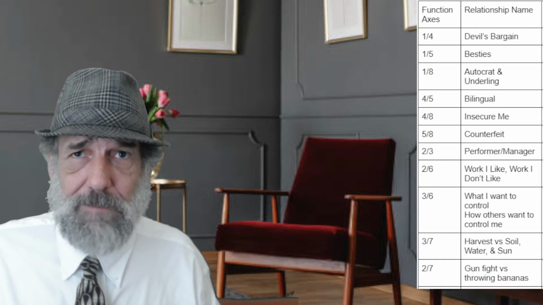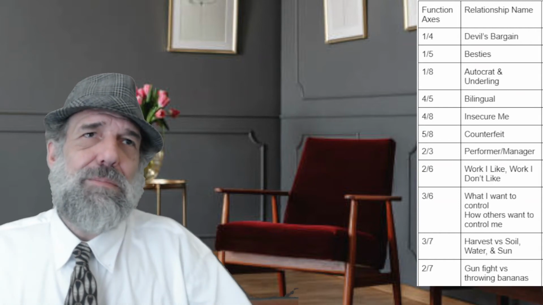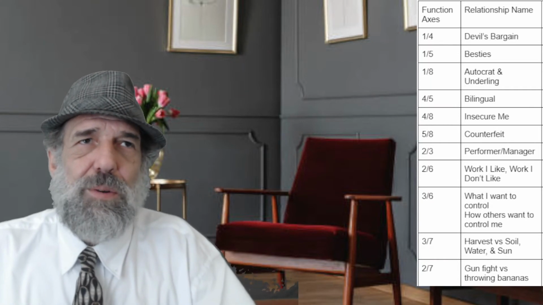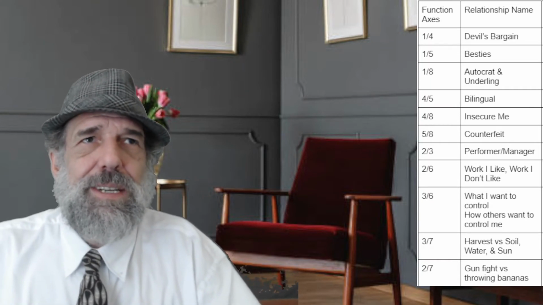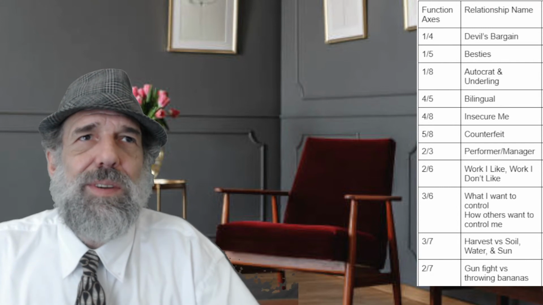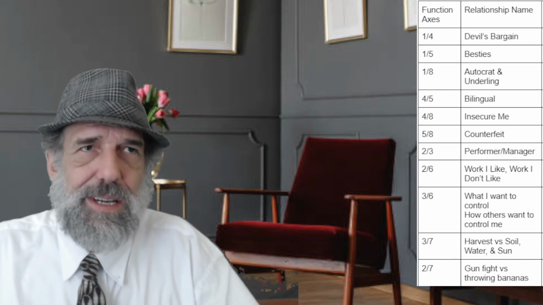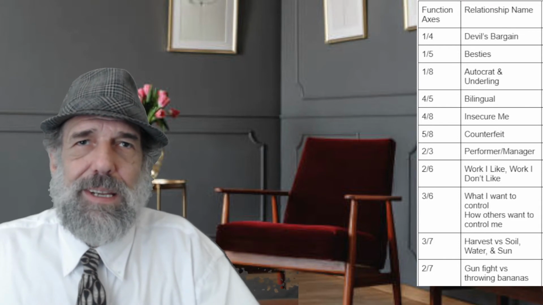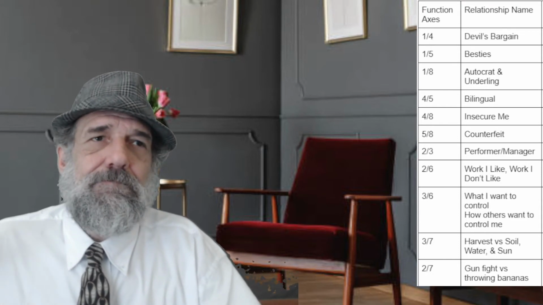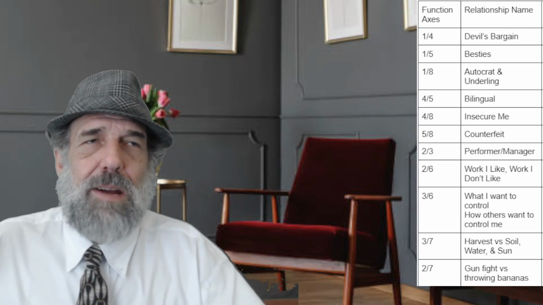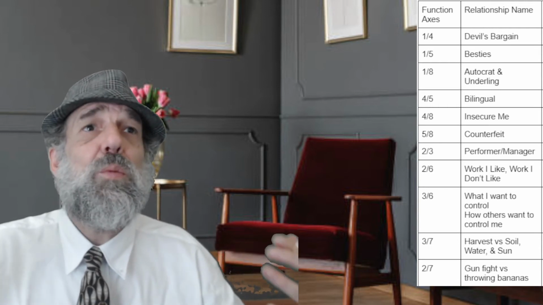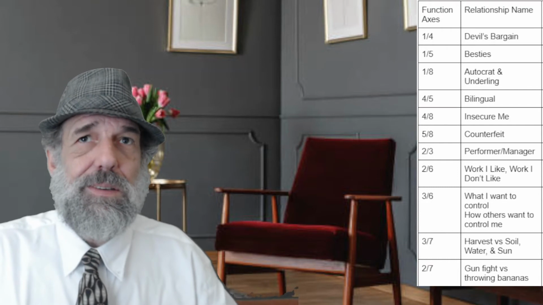2-7. Gunfight versus throwing bananas. So, let's say you're using your 2 to deal with things, as I am now, and somebody comes in and tries to engage in this area with my 7. Say, for example, I'm saying all this stuff, and somebody leaves a comment that indicates, you just want to be right.